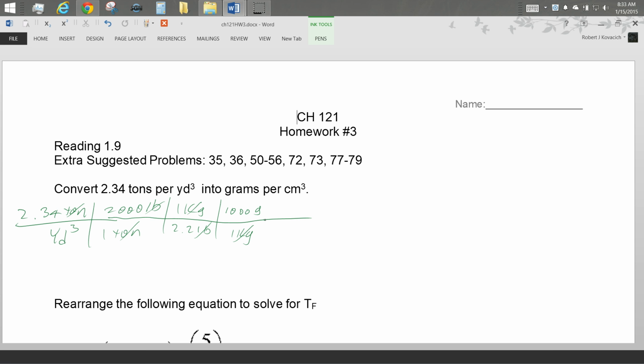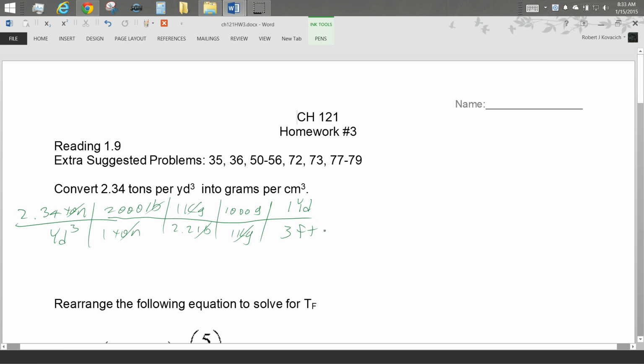So now I need to take that yards cubed and get it over into centimeters cubed. So far I've just been putting a unit in the denominator and being able to cancel it directly out with something in the numerator. Right now I've got 3 units in the denominator and I'd like to get rid of them. So I can either do it like this. I can go 1 yard is, we'll say, 3 feet.